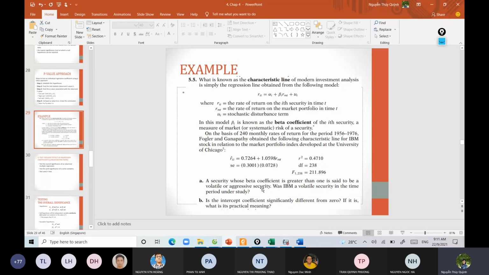You can find more exercises in the book, at the end of each chapter, chapter 5 and chapter 8. All right, goodbye and see you on Friday. We will continue with the multiple linear restriction test.